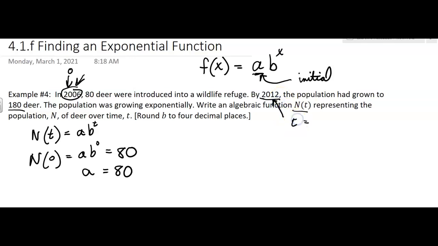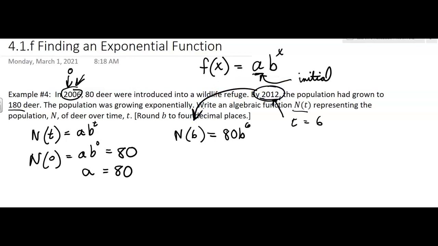t is going to be 6, right? So we'll have N of 6 is going to equal a, which we know, 80, b to the 6. Try to make my b and 6 look different. And we know how many deer there are, okay? So now we're saying this is 2012, 6 years later, so our function looks like N of 6.